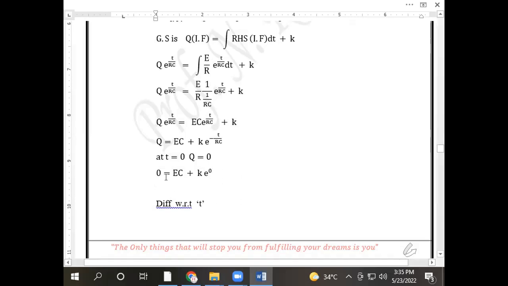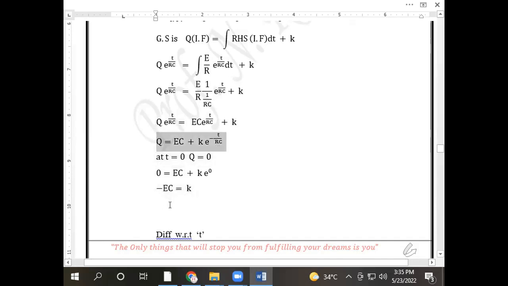We know that e raised to 0 is 1. So we shift this EC to the right hand side, and the value of k is minus EC.